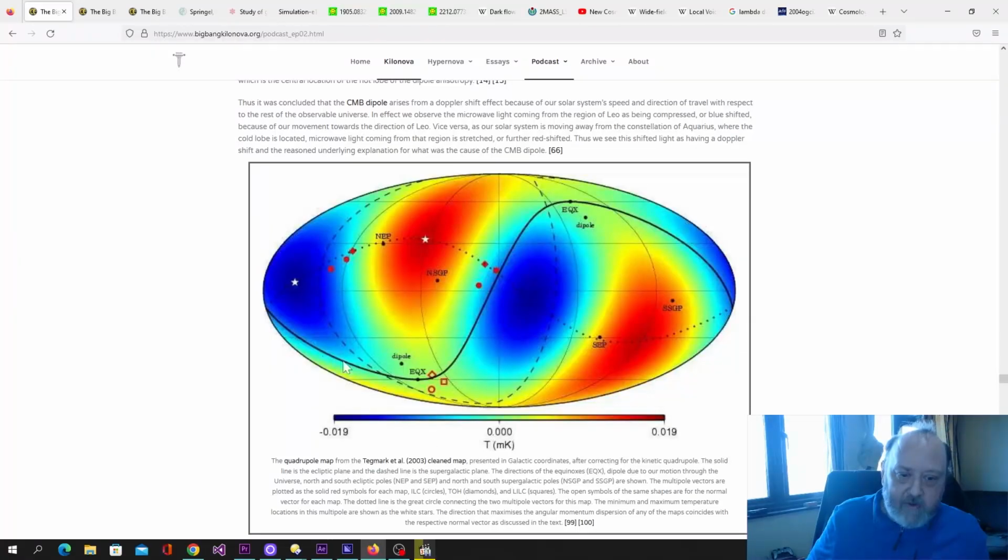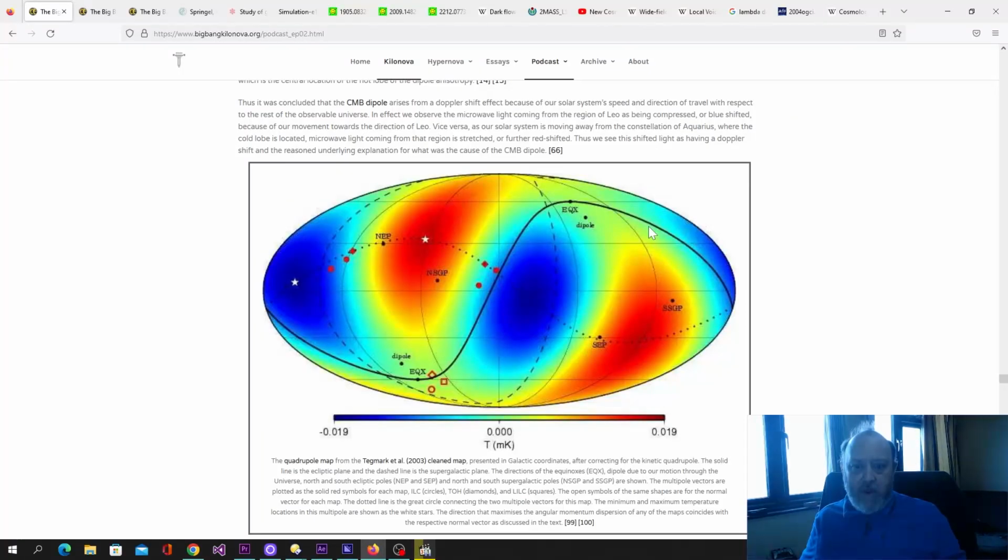So this is the line of the ecliptic poles. Basically, Earth has a very, very unusual alignment to this feature, which is a violation of the cosmological principle.